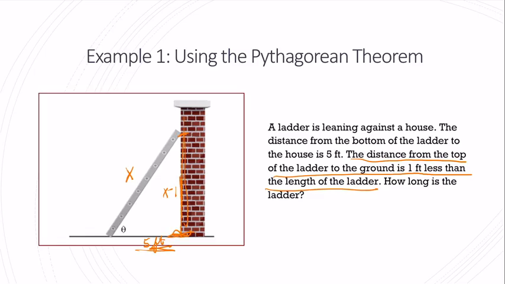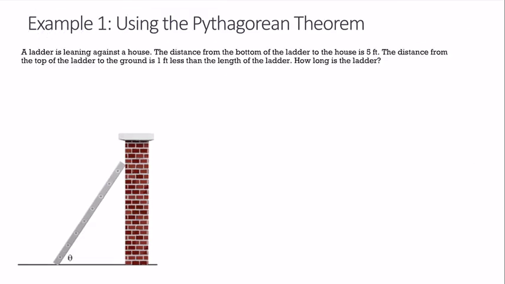Now we can use the Pythagorean theorem, which says a squared plus b squared equals c squared, where c is the long side, which we call the hypotenuse. I totally did not spell that right, but it's called the hypotenuse. So we're going to use this information to solve this problem.